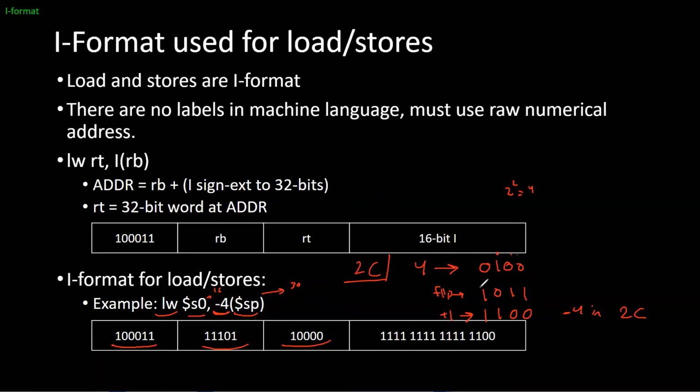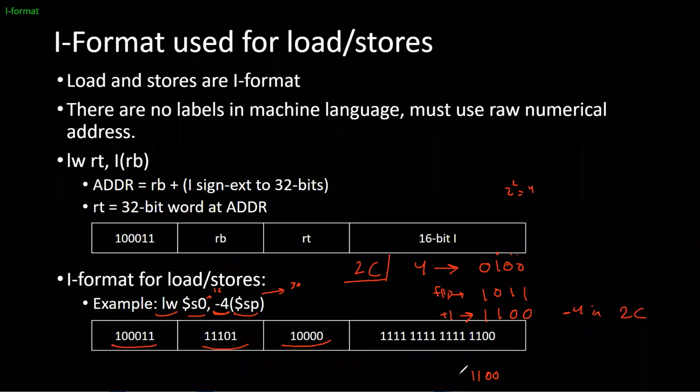So we are almost there. The last thing to do is that this is a 16-bit I. If you just put zeros here and then this number 1 1 0 0, it is going to look like a positive number. Let me actually write it.